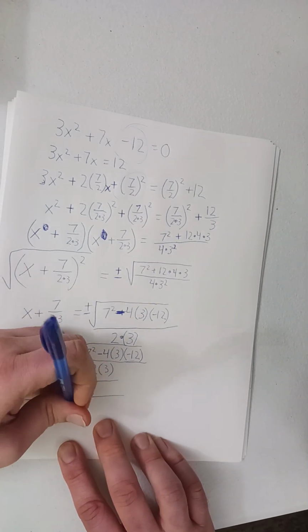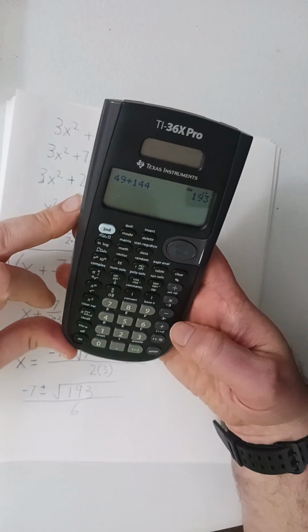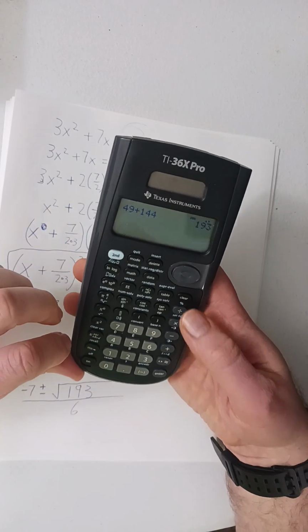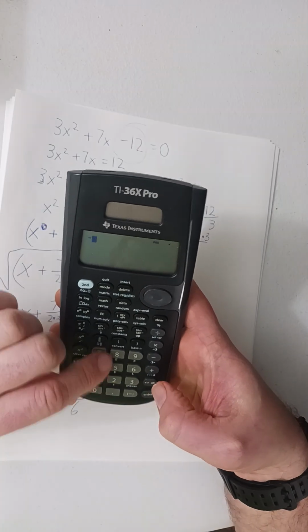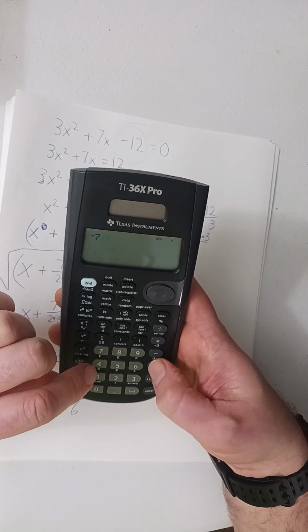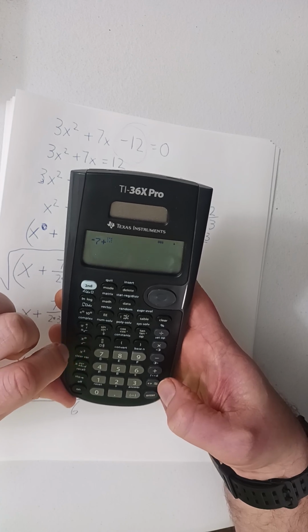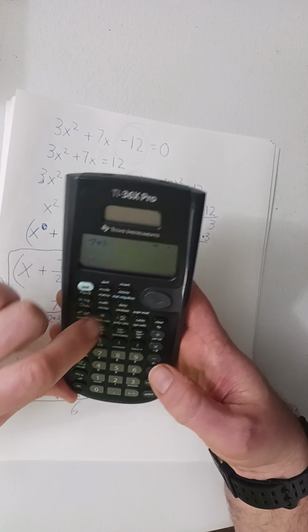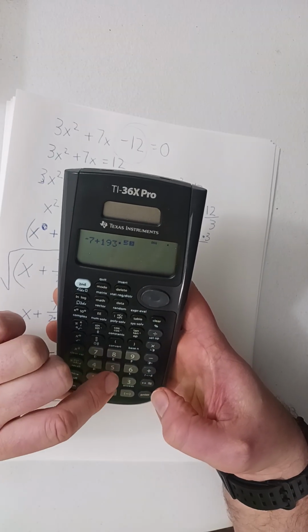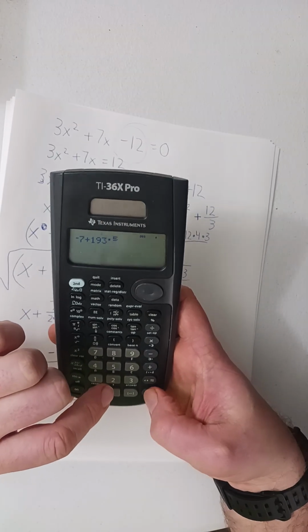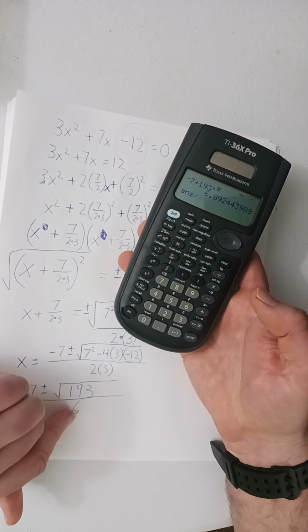And then divided by 6. So I'm going to do this for each one. We're going to start out with negative 7 plus the square root of 193, raised to the 0.5, and that, then divided by 6 here.